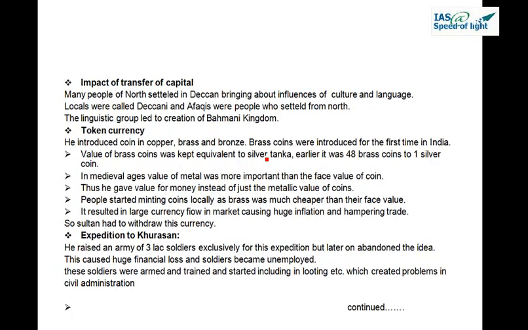There is one consequence which this shift led to in history. Many people of the north now settled in the Deccan, bringing about significant changes in the culture and language of the region. The locals were called Deccani, and the Afghanis were people who settled from the north.